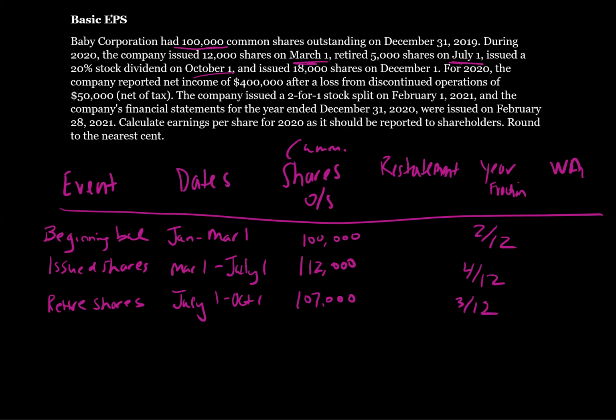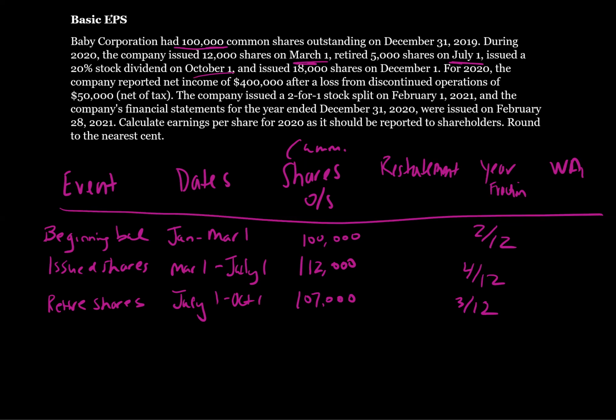Okay. Then what happens in October? Issued a 20% stock dividend on October 1st. The company issued a 20% stock dividend and issued 18,000 shares.